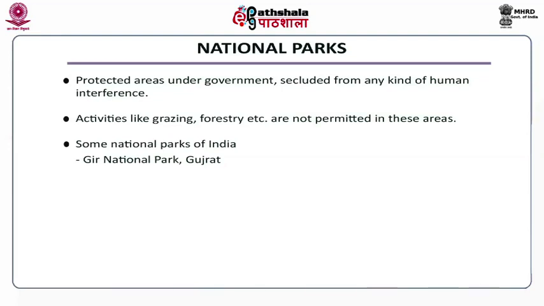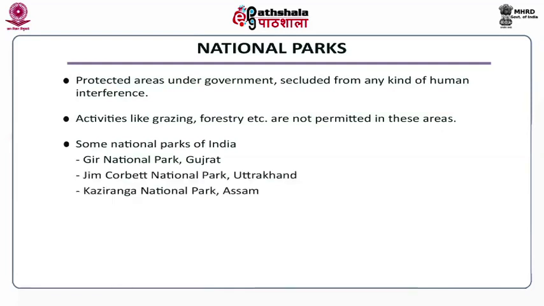The important national parks of India are, although all national parks are important, Gir National Park in Gujarat, Jim Corbett National Park in Uttarakhand, Kaziranga National Park in Assam. Kaziranga National Park is well known for the one-horned rhinoceros.